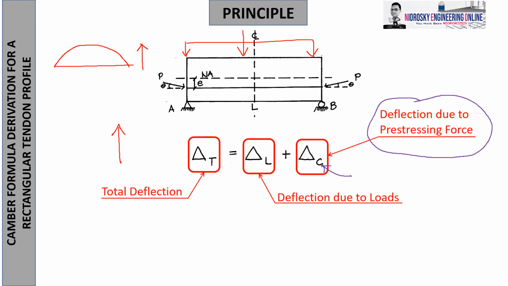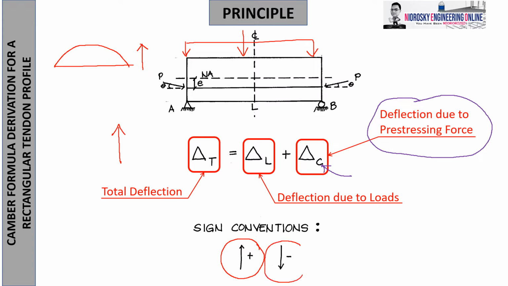Most likely, it will go up. However, we don't know the effect on the total deflection as a function of the deflection due to load, so it may go up or down. So we will investigate as we progress in my video lectures. And don't forget the sign convention for deflection: for the meantime, upward is positive, and downward is negative. Okay?